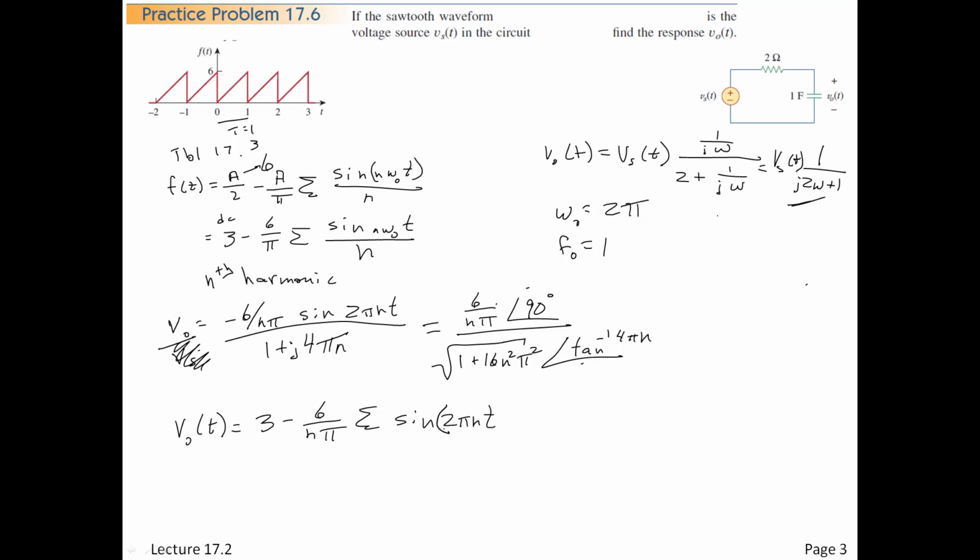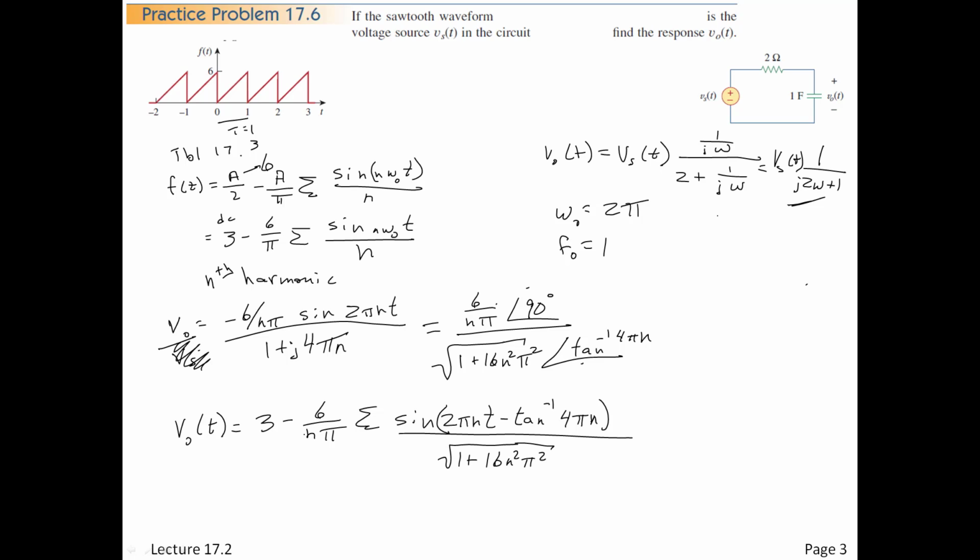Whoops, I should put this. And I'm going to take the tan of this, so it'll be minus the inverse tan of 4 pi n. Big, long, hairy looking thing, but really it's not that bad. And the denominator will then have this 1 plus 16 n squared pi squared.